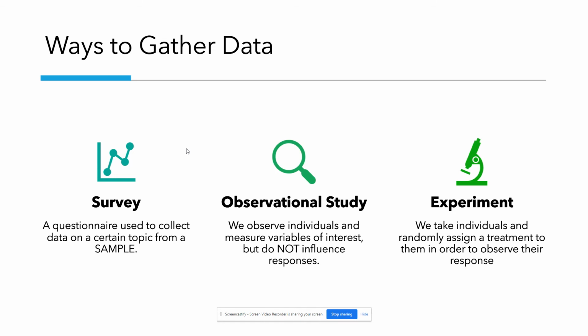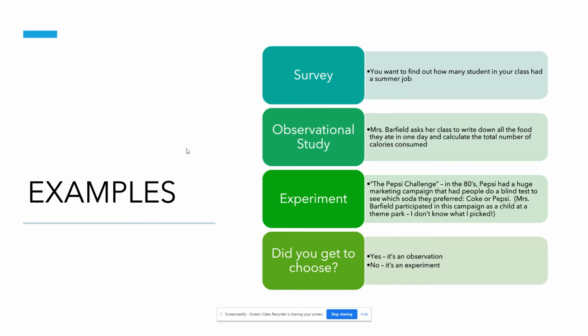So let's look at examples of survey, observational study, and experiment. An example of a survey: you want to find out how many students in your class had a summer job, so you would survey them. A study: this is when someone, maybe I, Mrs. Barfield, asked her class to write down all the food they ate in one day and calculate the total number of calories consumed.